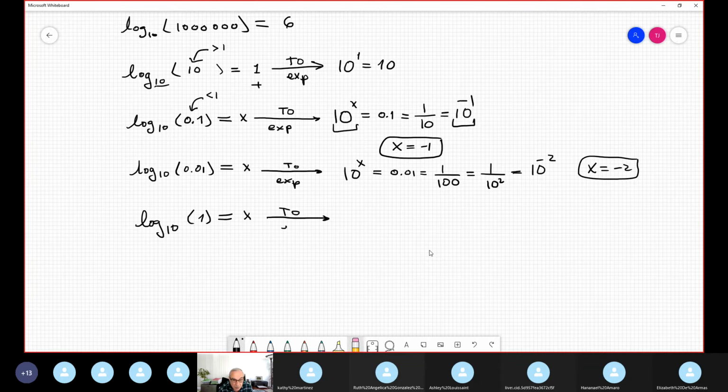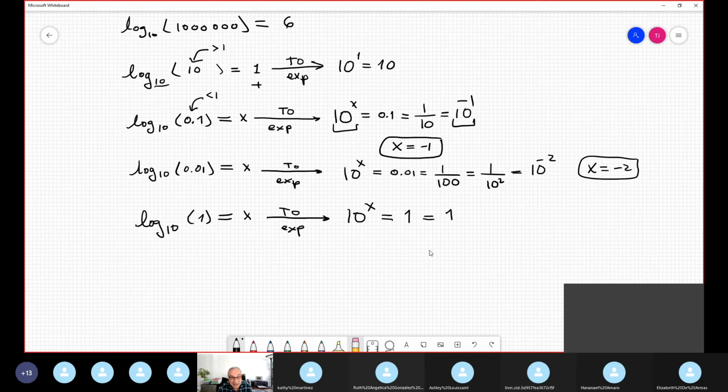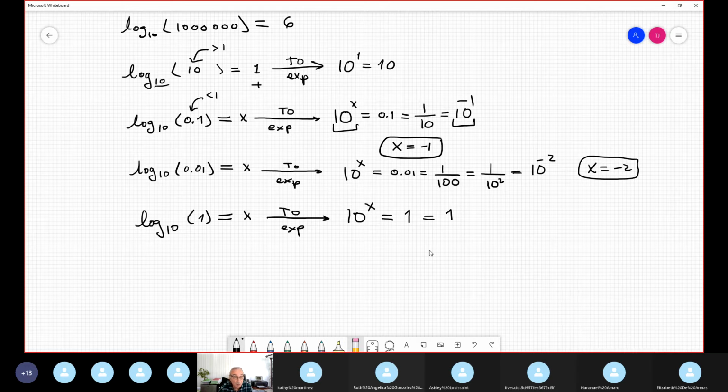Again, one more time. The base is 10. The exponent, I have no idea, equals 1. But I know that 1 is 10 to the... no, 1 is not 10. Look, the logarithm is 1 when the argument is 10, but in this case, the argument is 1. Where's the answer?